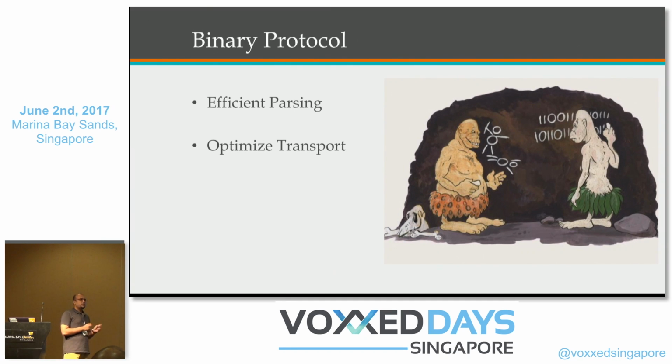From the end user point of view, this doesn't matter a lot, but when it comes to parsing data, it makes a huge difference. Unlike the textual counterparts, we don't need to worry about white spacing, capitalization, end of line, etc. That makes parsing really fast and efficient. Apart from parsing, it also optimizes the transportation of data. We'll talk about these two things later on.